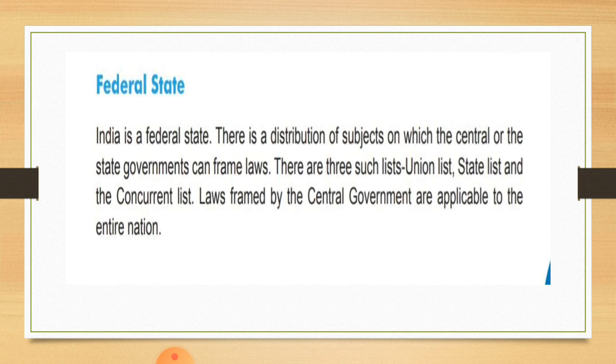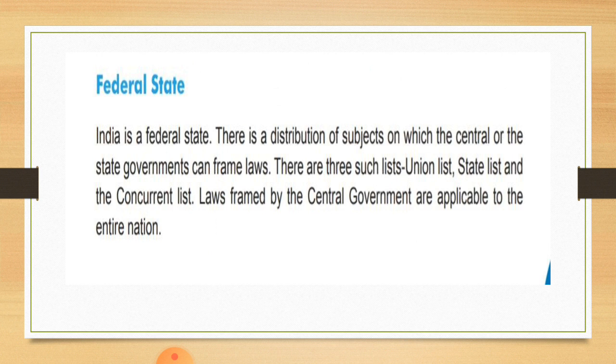Now moving ahead is the federal state. Federal means relating to a system of government in which several states form a unity but remain independent in internal affairs. That is known as federal. So we'll study about a federal state, and India is a federal state. This is the distribution of subjects on which the central or the state governments can frame laws.